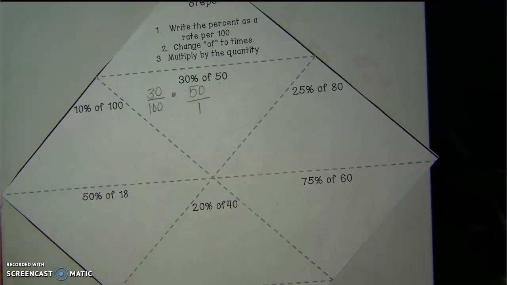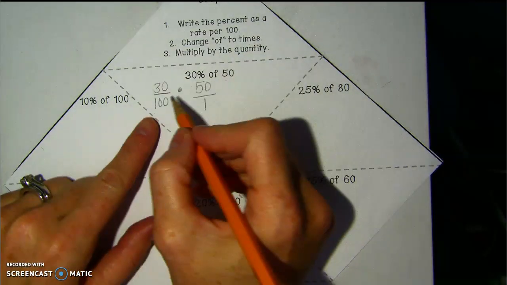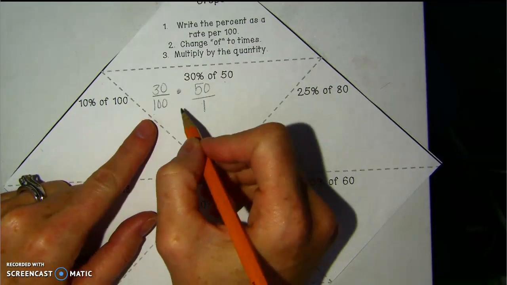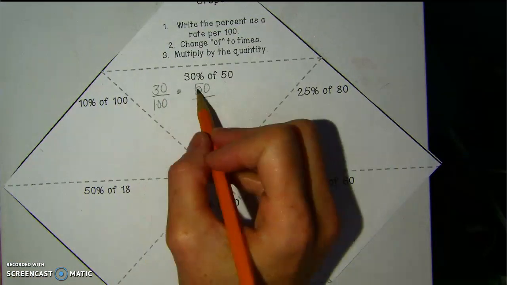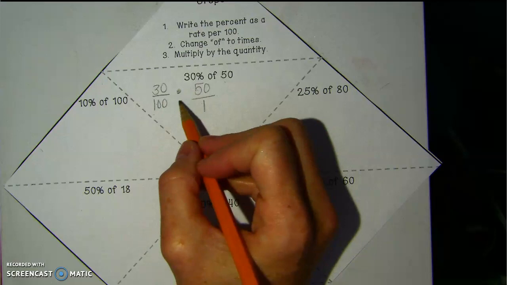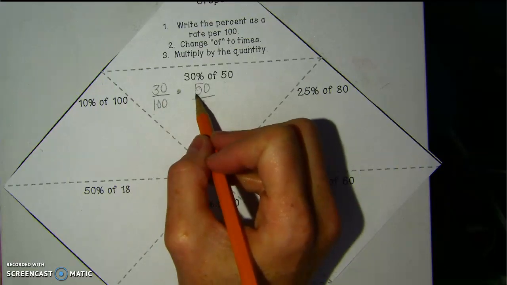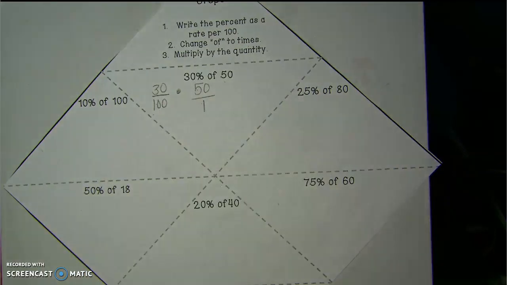So now all we're going to do is multiply fractions. Anytime we're multiplying, we can multiply straight across, but I always like to simplify first. So with simplifying, you're going to look at the ones across from each other, like vertical. So look at the numbers 50 and 100. What number can go into both 50 and 100 so we can reduce this?